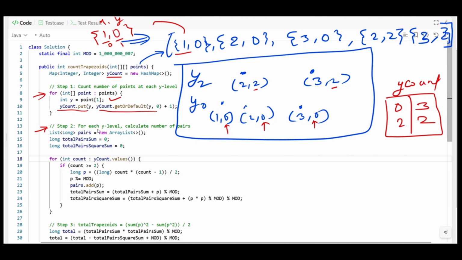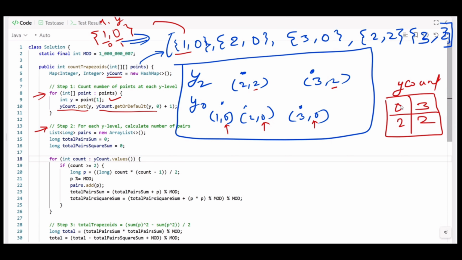We have to go for each y level and calculate the number of pairs. Very first we are grouping all the points that lie on the same horizontal line. When y value is 0 we are getting 3 points, and when y equal to 2 we are getting 2 points.